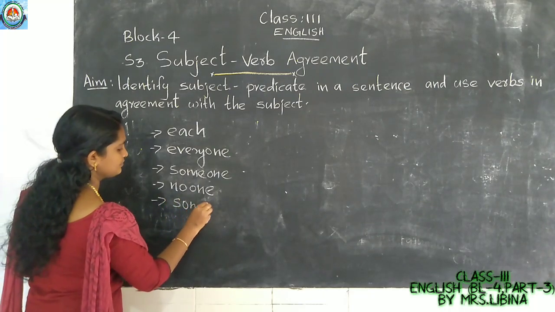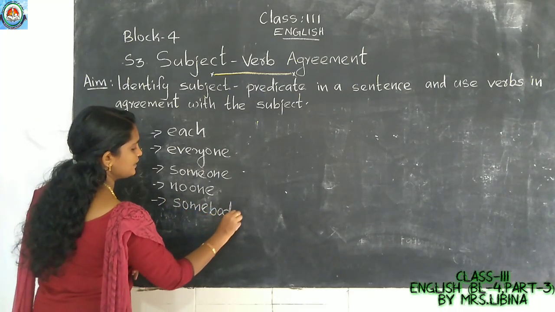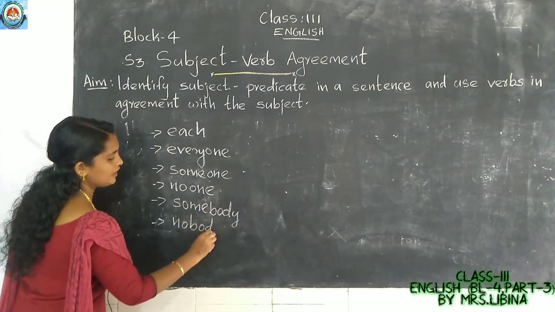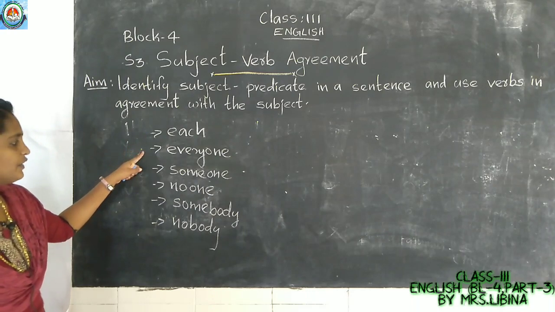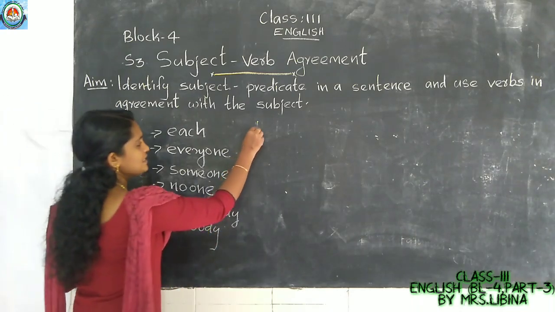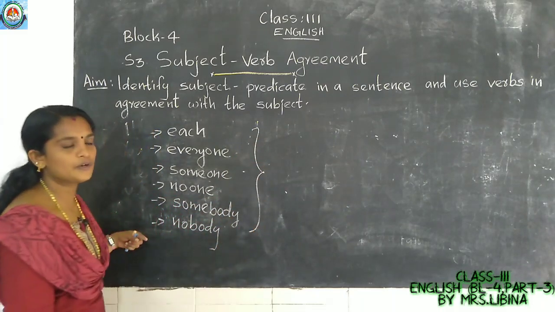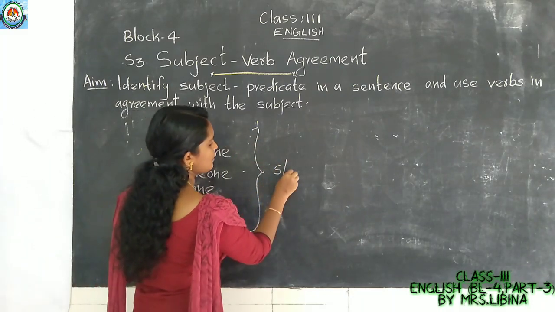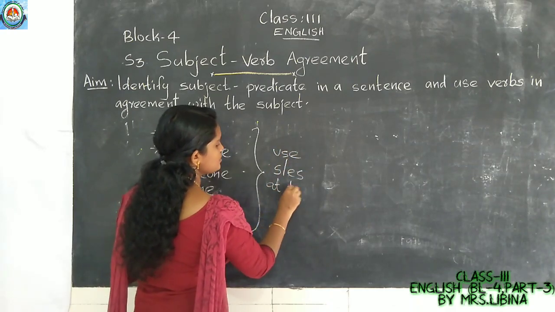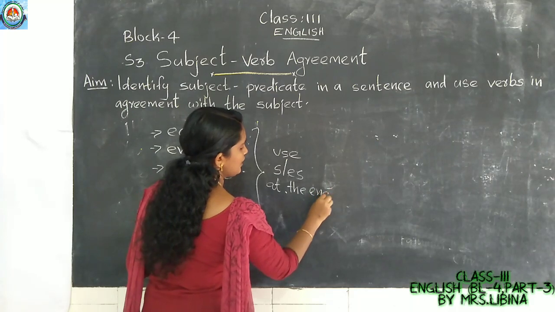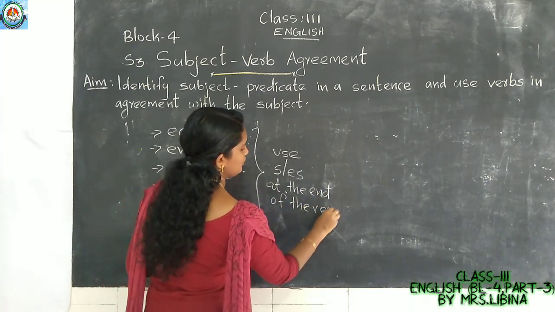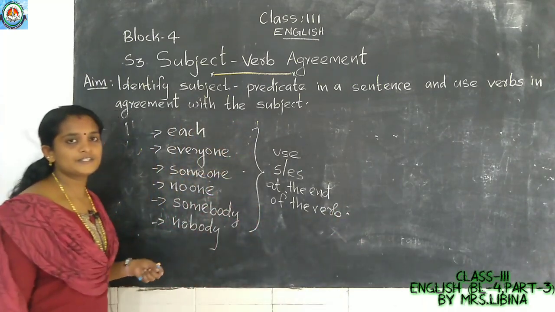Somebody and nobody. Okay. Each, everyone, someone, no one, somebody and nobody. These are singular nouns. So you have to use S or ES. Okay. Use S or ES at the end of the verb.